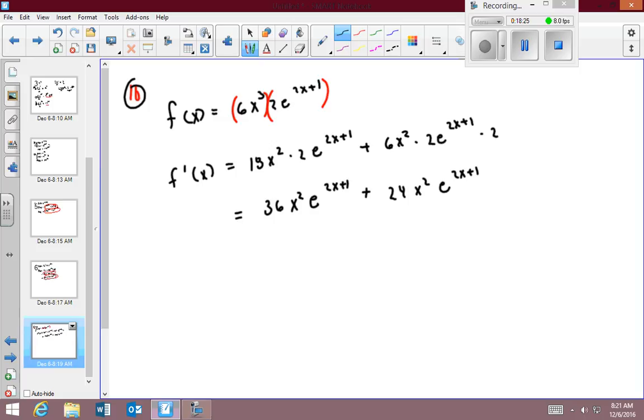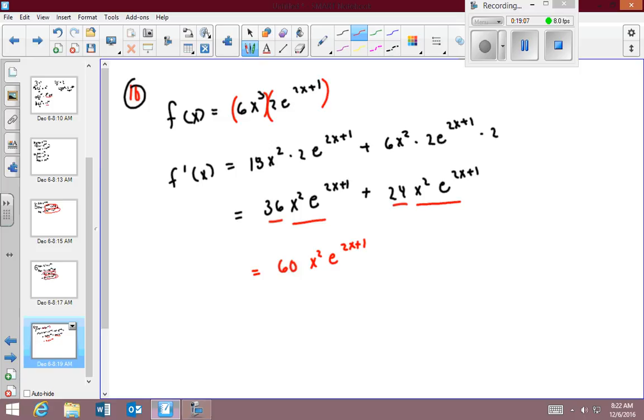Let's see what it is. That term right there and that term are identical. So you have 36 of them and 24 of them, so you have 60 of those. Oh, here it is.